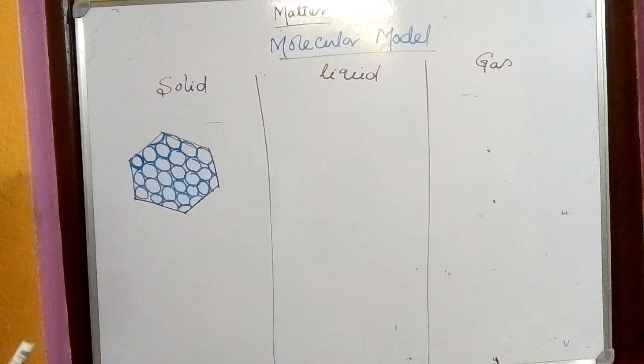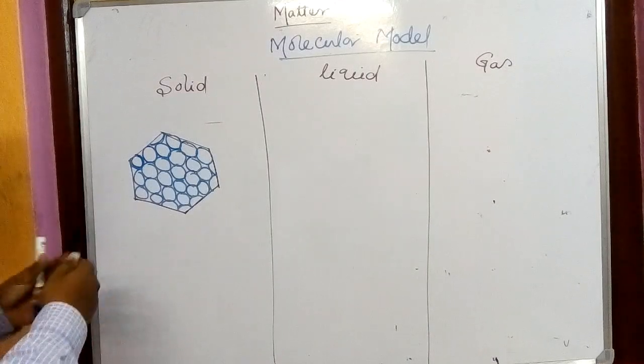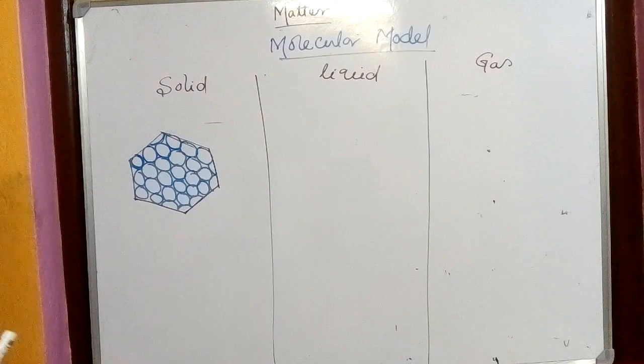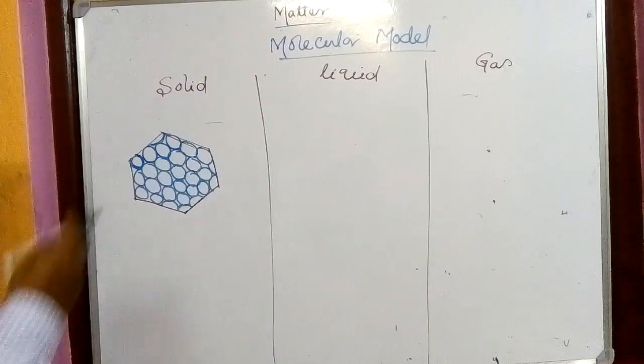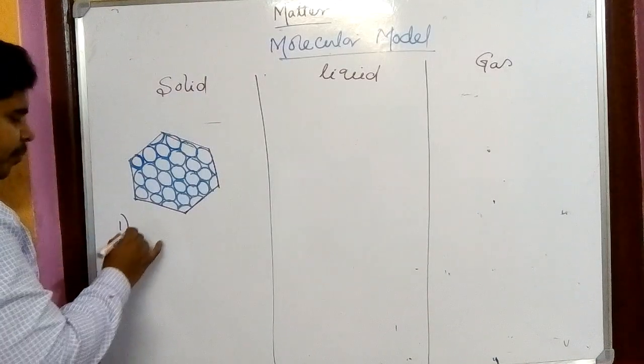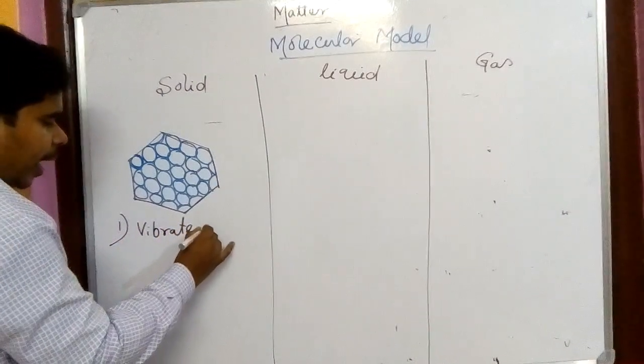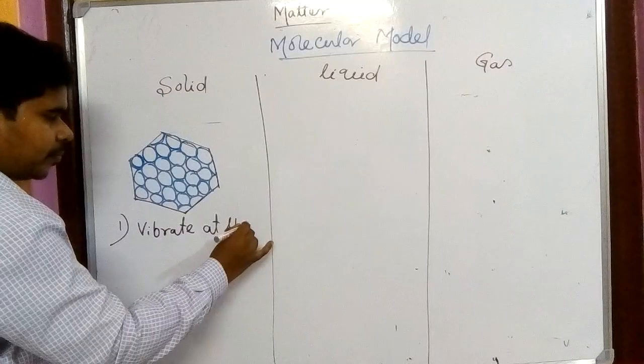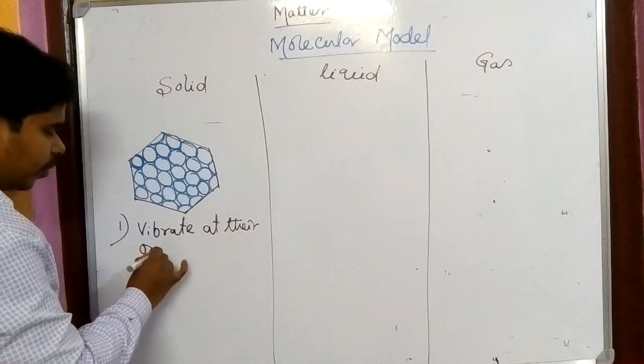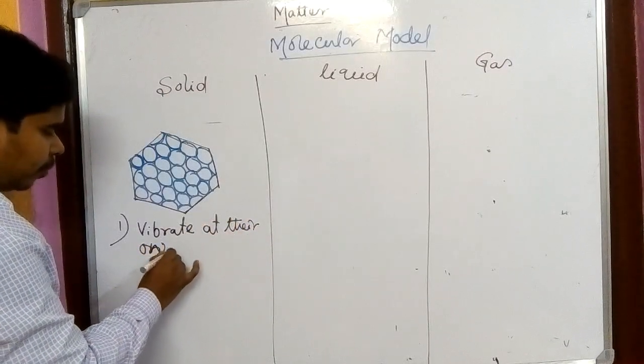We have already learned in the characteristics that the particles move randomly, but in the case of solid it is not possible. The particles cannot move. So what can particles do here? The particles can vibrate at their own place.